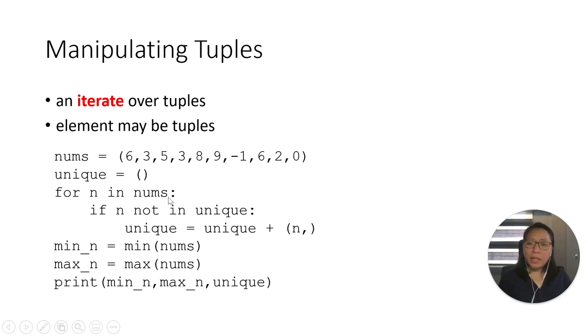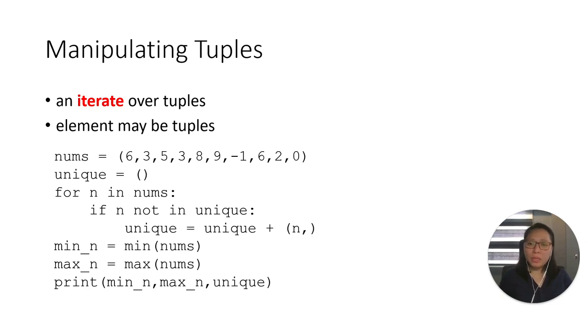checks if n is in the tuple unique. If not, this will concatenate the singleton n with unique, and then this replaces the object that is bound to unique.